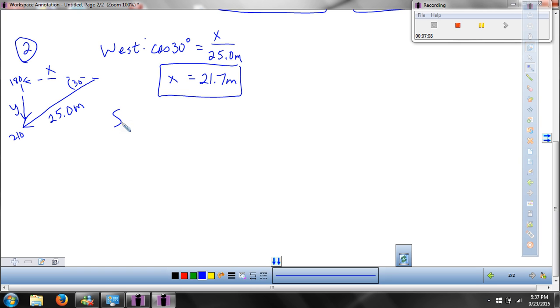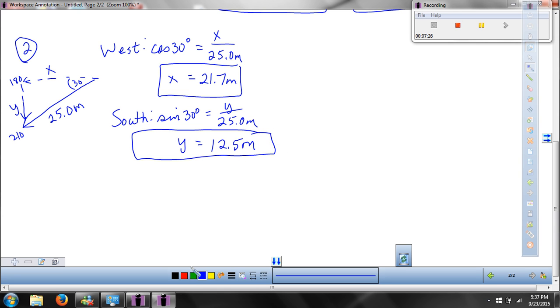My southerly is going to be the sine of 30 degrees is equal to y over 25.0. So y is going to be 12.5. And number 2 is done. Yippee skippy. All right, let's move on to number 3.